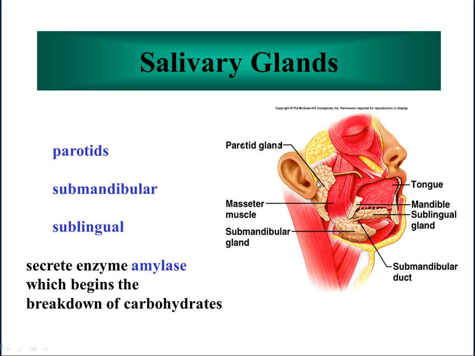Okay, you have the parotid gland that is anterior to the ear here, with this duct that dumps into the mouth, producing amylase and beginning the breakdown of carbohydrates.